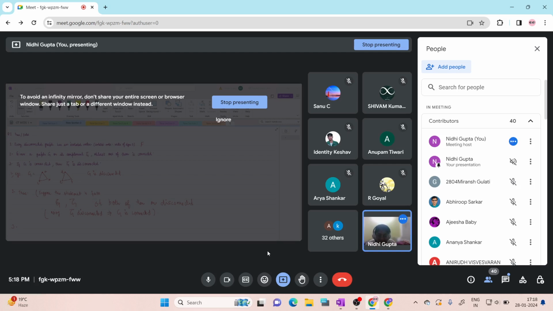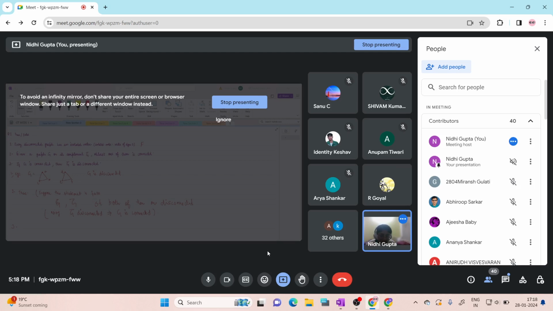A connected graph means there should be a path between any two vertices, and the complement comprises all those edges which are not present in G. You are saying that if there's an edge between v1 and v2, that edge won't be there in G complement, but it is possible that there might be some other path in G complement. If you are removing just one path between v1 and v2, that doesn't mean that you have removed all the paths. Hence your argument is not correct.